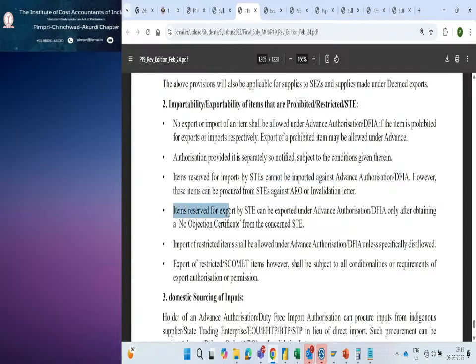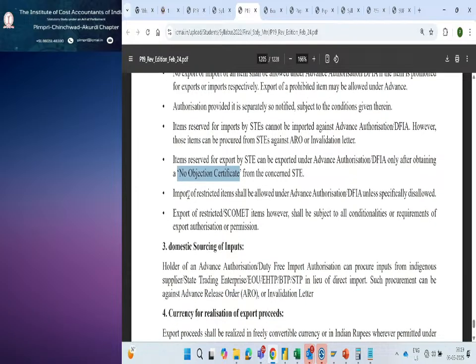For the items reserved for export, you need to see two things: if it is reserved for import, or if it is reserved for export, then those are prohibited. You need to obtain a no objection certificate from the state trading enterprises if you still want to continue with the export.